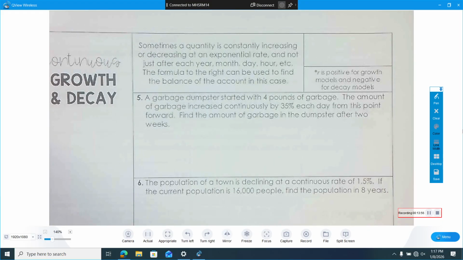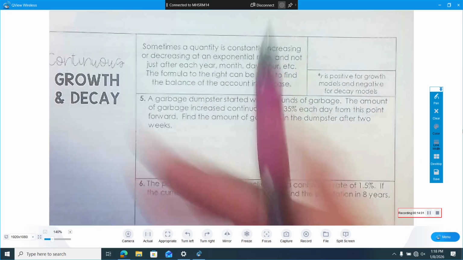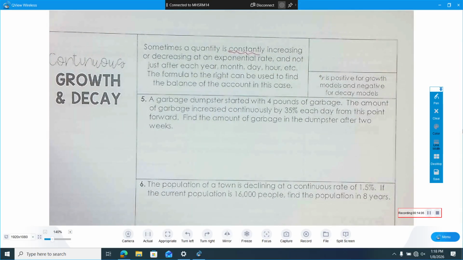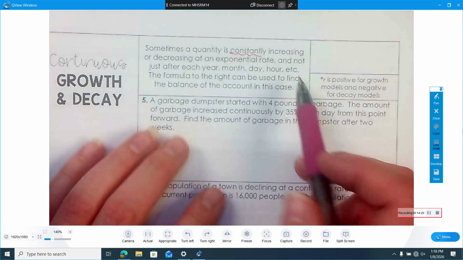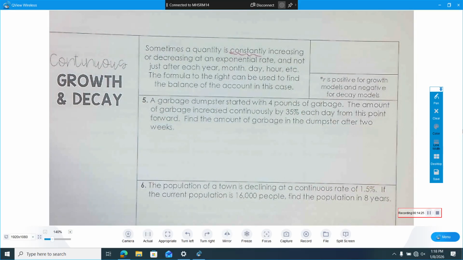So we also have continuous growth and decay. Sometimes the quantity is constantly increasing or decreasing at an exponential rate, and not just every month or every year or every day. We want to use the formula at the right if things are continuously growing, always multiplying, like the cells in our body, which are constantly growing and developing.